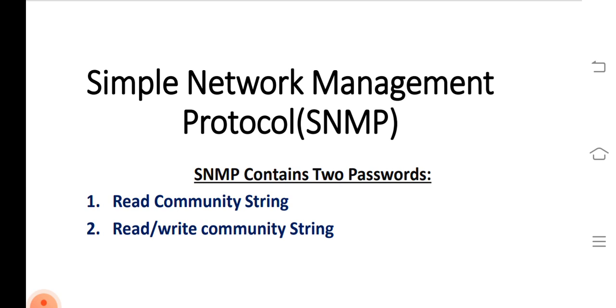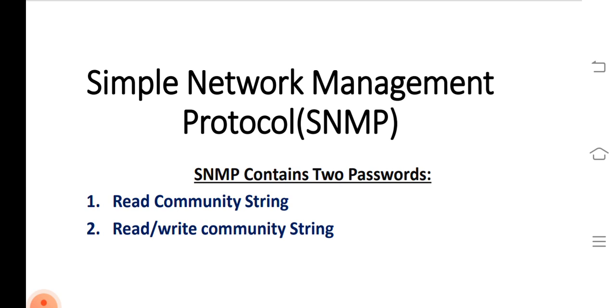It means the configuration of a device or system can be viewed with the help of this password. This string is public. Next, the read/write community string. The configuration of the device can be changed or edited using this password. This string is private.